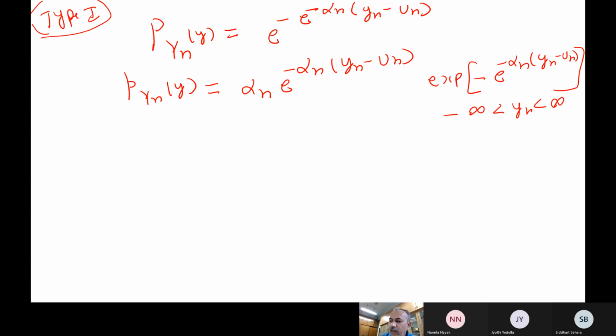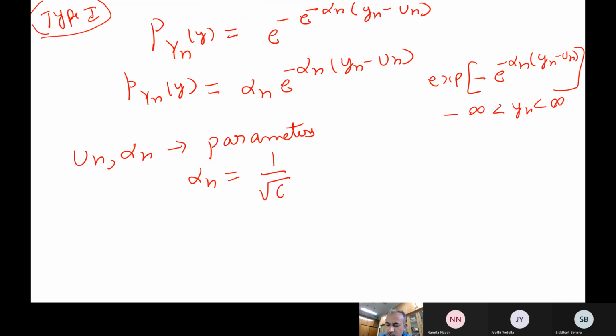Now this un and alpha n are the parameters, and there is mathematics behind them. We will not go into the details, I will just define them. Alpha n is defined as 1 by root of 6 pi by sigma of yn.